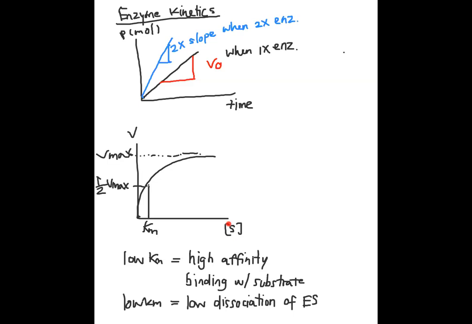There's one point where, if the concentration of substrate reaches it, the velocity would not increase after this. This is because at this point, the substrate is in excess.